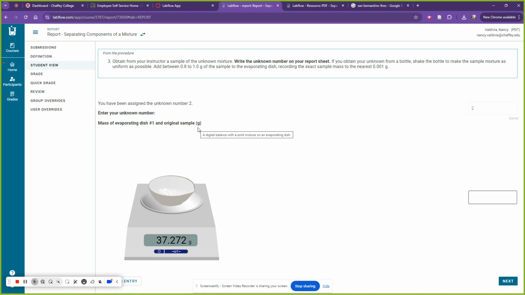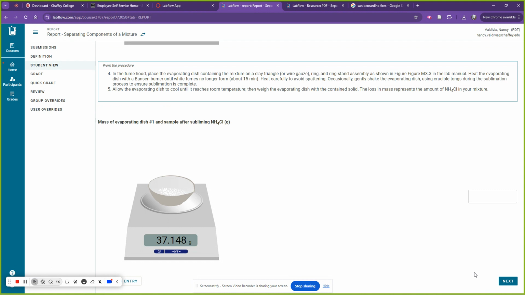So now we have the dish that weighs something, plus we have the original sample with the dish. So dish plus original sample, right? And that is 37.272. Okay, we went up at least a gram, or around a gram.